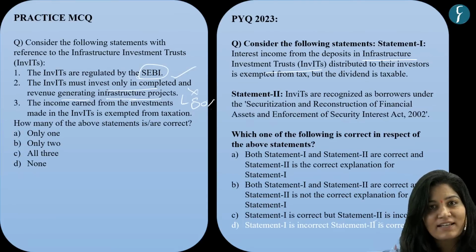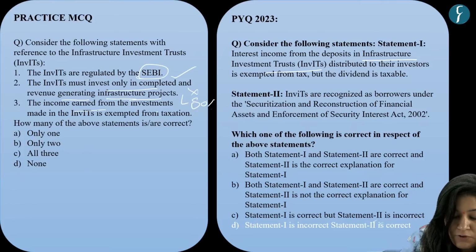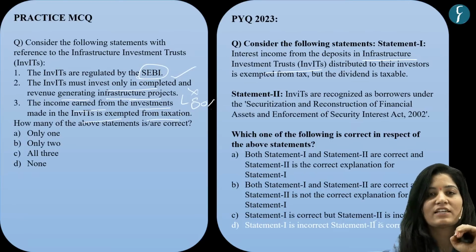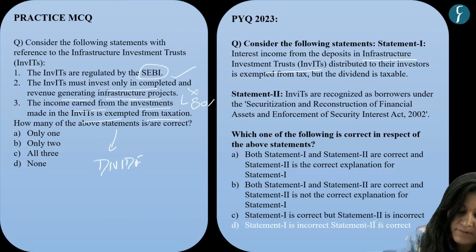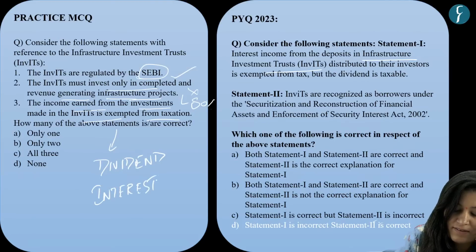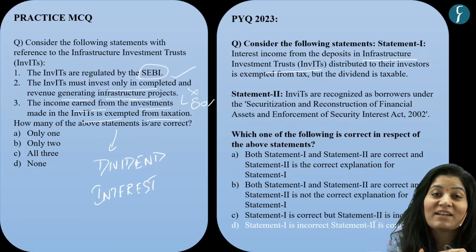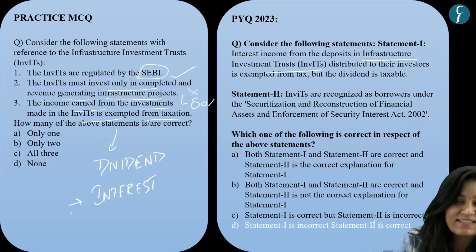Now, the third statement is, income earned from the investment made in InvITs is exempted from taxation. Now, InvITs lend money on which they earn interest.